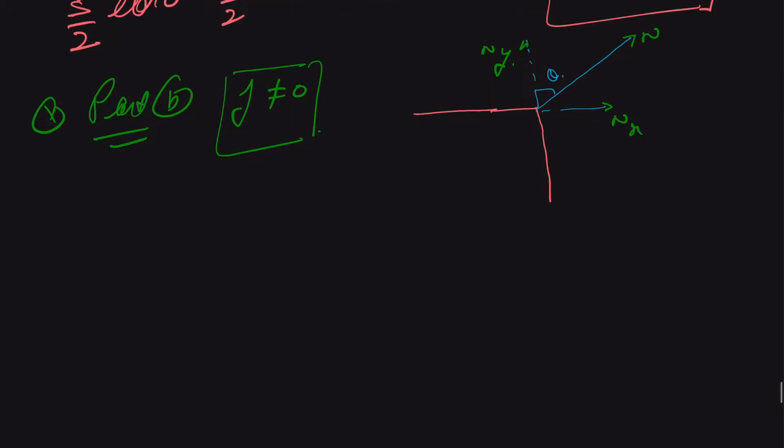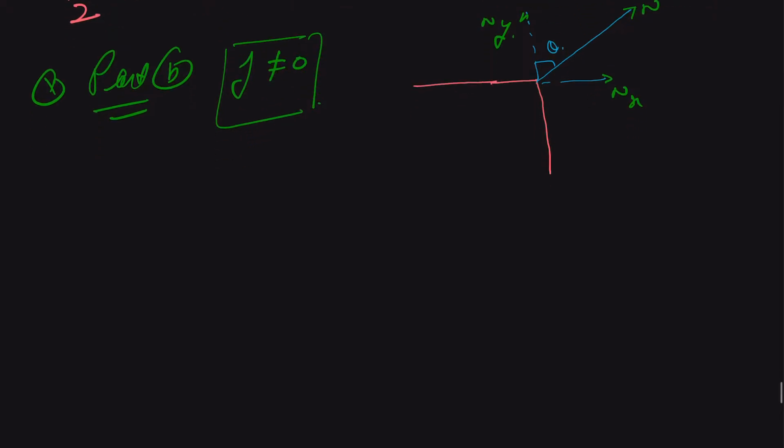So we can say that our normal N will be equal to Nx i plus Ny j.